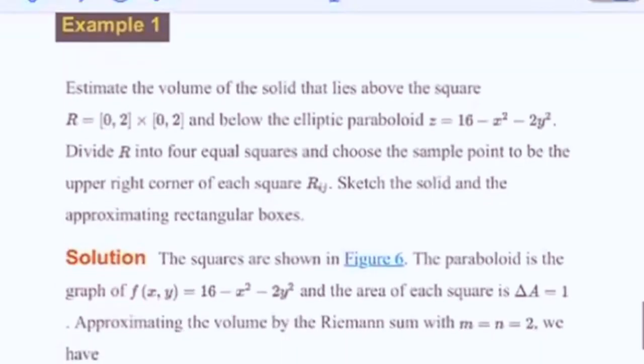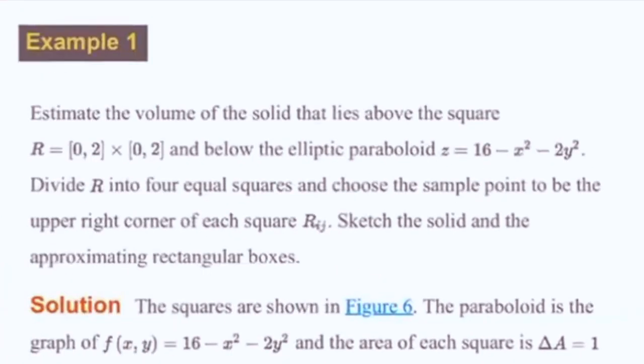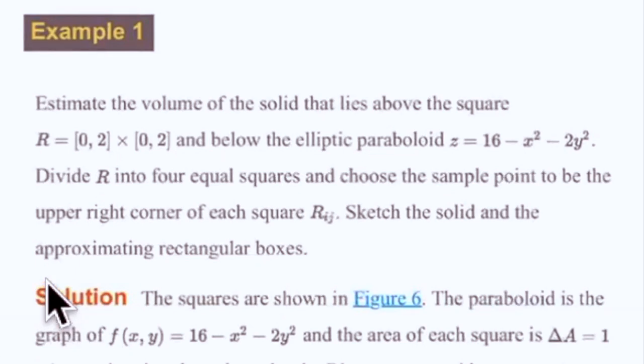How about we use some examples to understand this? The first example: Estimate the value of the solid that lies above the square [0,2] × [0,2] and below the elliptic paraboloid z = 16 - x² - 2y².